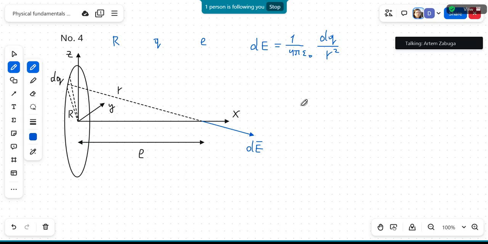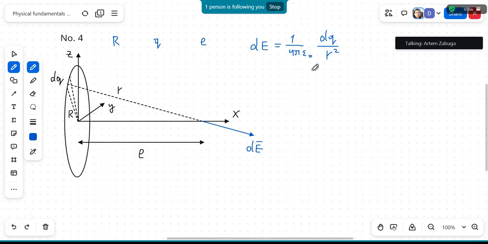Okay, and how to use this to find the electrostatic field intensity of the whole ring? How do you think? No ideas.